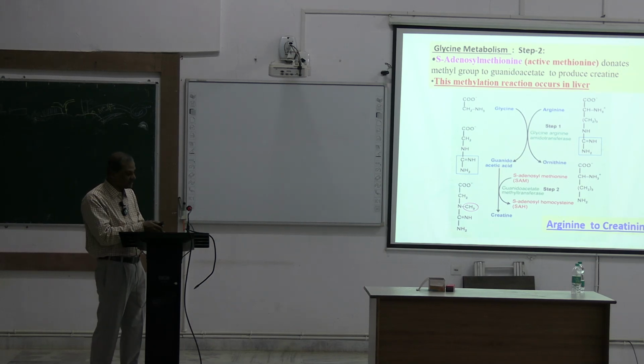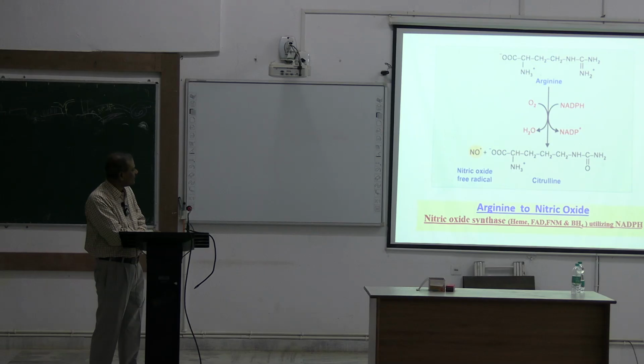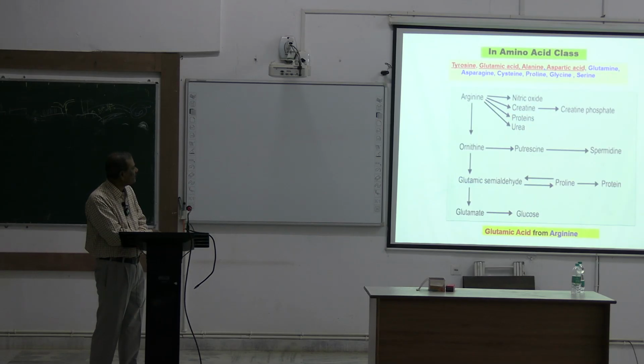It participates in the creatine formation. Now this slide is new. This is arginine to nitric oxide. This is the summary of the breakdown products of arginine that I have also covered during your amino acid class.